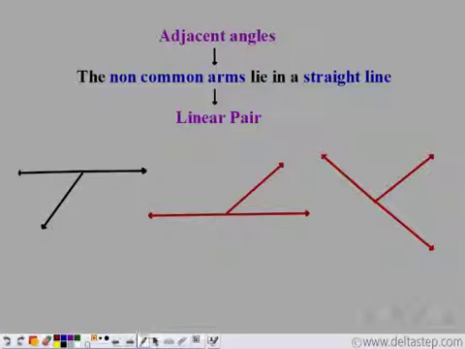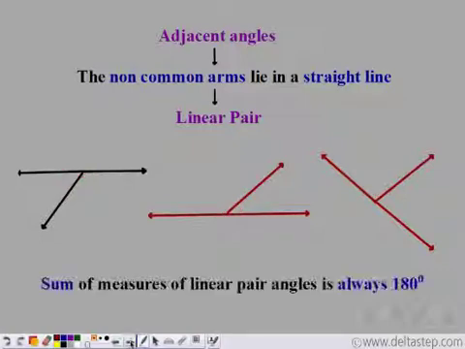So if we have adjacent angles whose non-common arms lie in a straight line, then those angles are called a linear pair of angles. If you recall, the angle on a straight line is equal to 180 degrees. So this angle plus this angle should be equal to 180 degrees because these two together constitute an angle on a straight line.